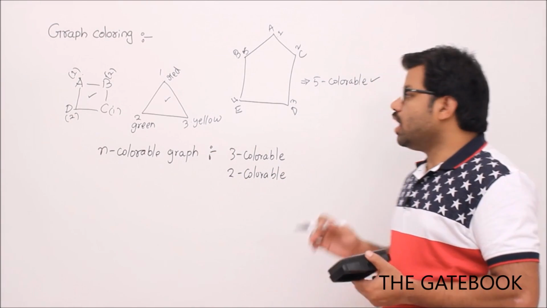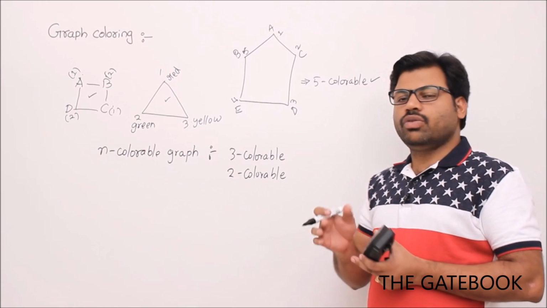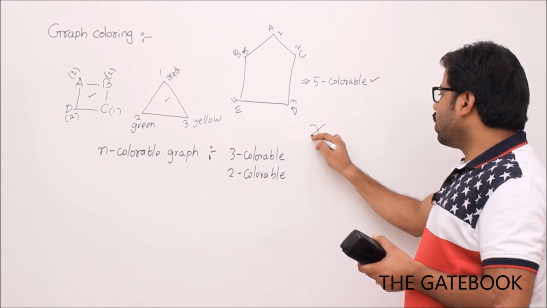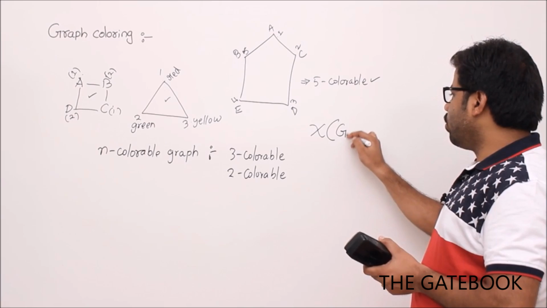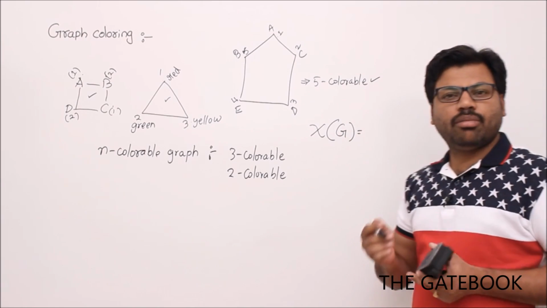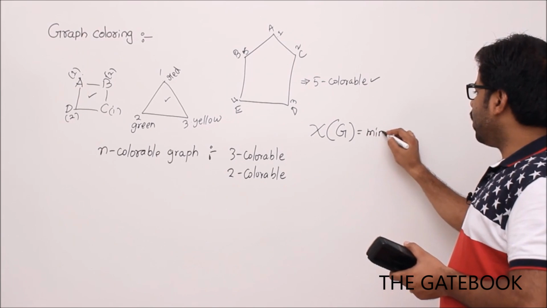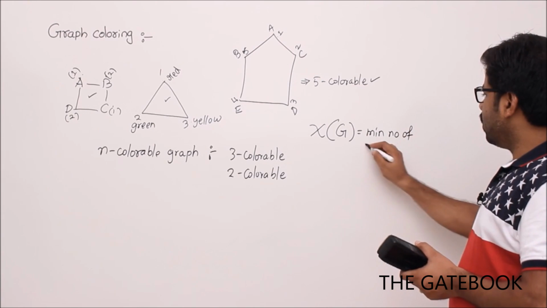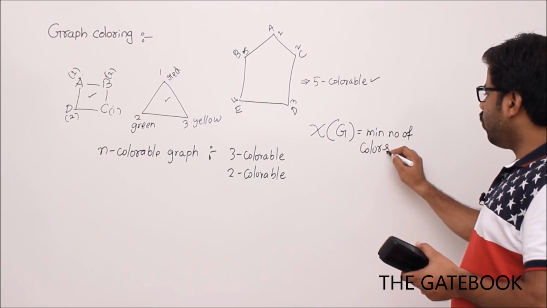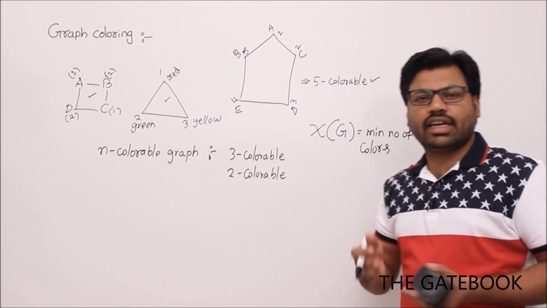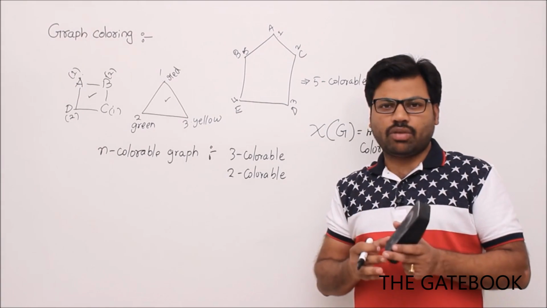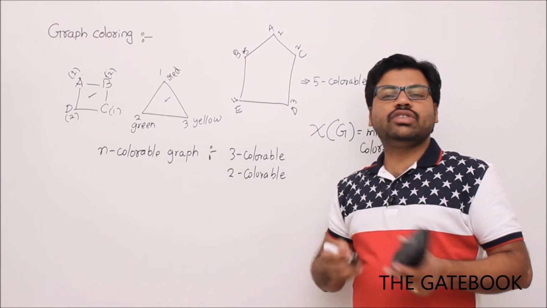Now we'll see the minimum number of colors required. That is denoted by the chromatic number of the graph. Chromatic number of the graph is the minimum number of colors required to color this graph. Is there any formula to find out the minimum number of colors in a graph? No, there is no simple formula, and the coloring problem is a very difficult problem.